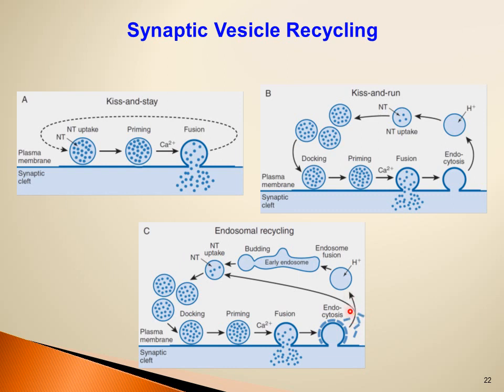Either the empty synaptic vesicle will remain in the terminal, be refilled with the neurotransmitter acetylcholine, docked again, primed and prepared for fusion in the presence of calcium, or it will be transported through the axon back to the nerve cell body to undergo endosome fusion and preparation again and processing in the Golgi apparatus, and then back through axonal transport to the nerve terminal, where they will be refilled with the acetylcholine neurotransmitter, docked, primed, and will fuse again in the presence of calcium to release acetylcholine.